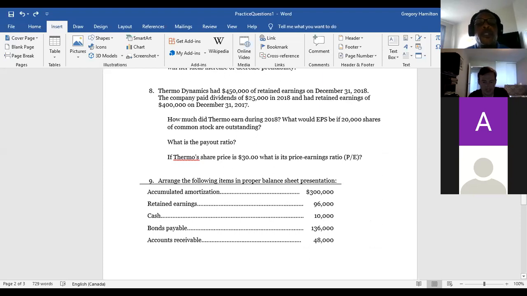The company paid dividends of $25,000 in 2018 and had retained earnings of $400,000 on December 31st, 2017. How much did the company earn during 2018, and what would the earnings per share be if there were 20,000 shares of common stock?